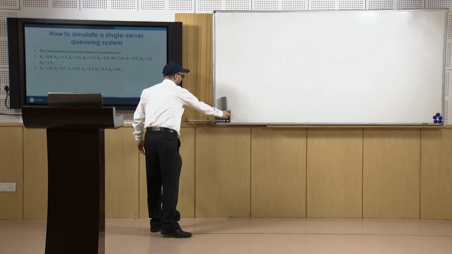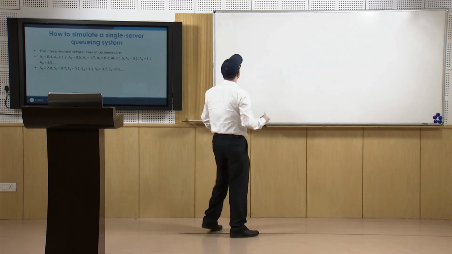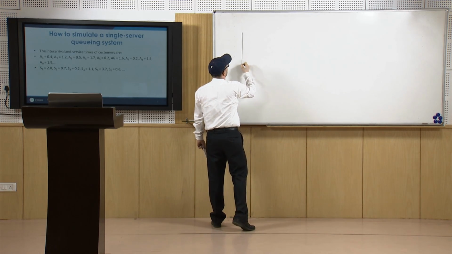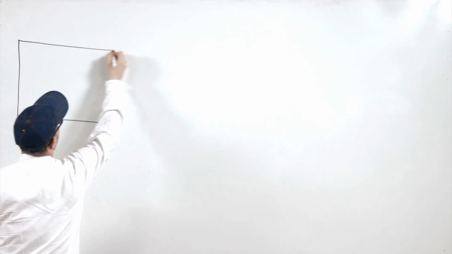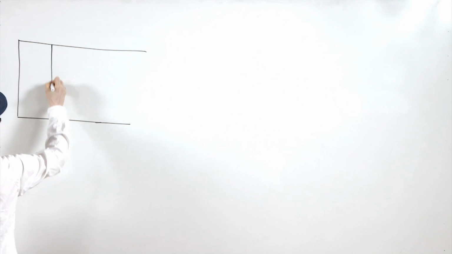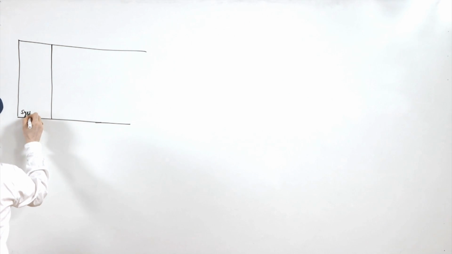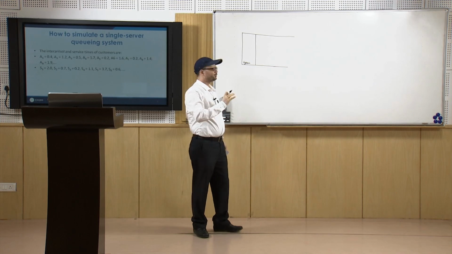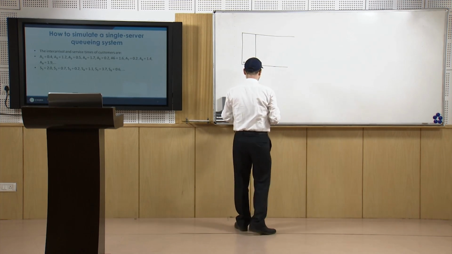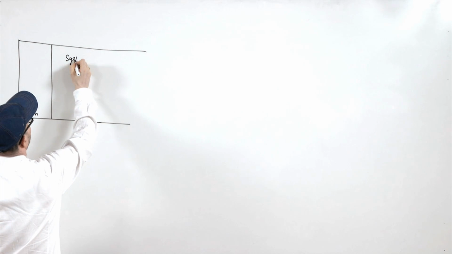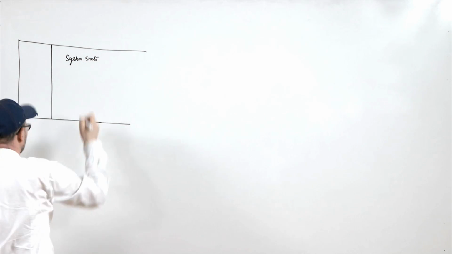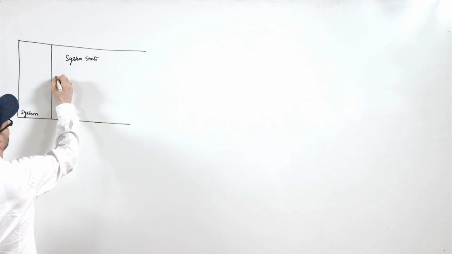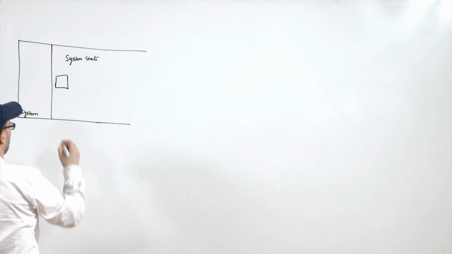In the normal computer representation, one is your system, and you have the system state. On this side you have the computer representation, in which you have the system state, which will have a few parameters. One is server status.